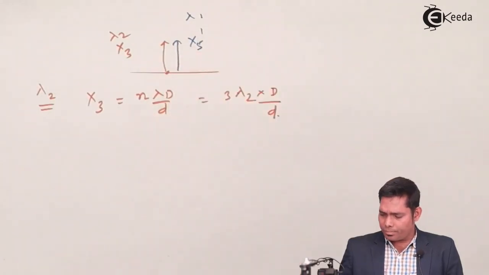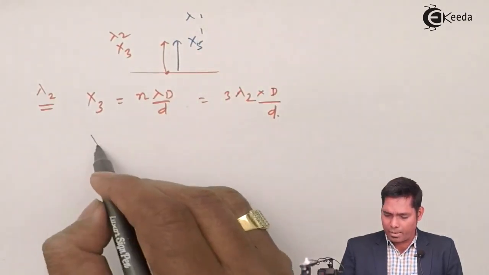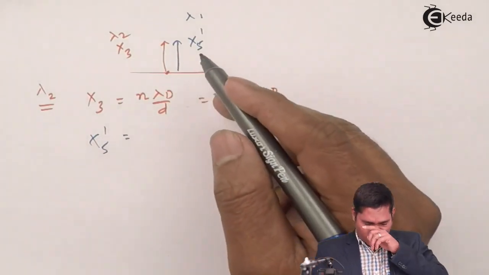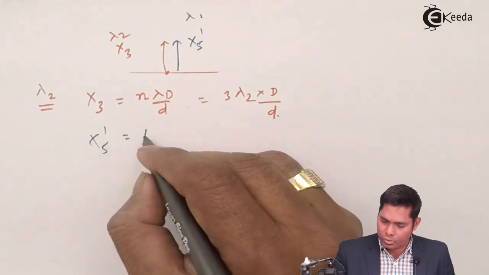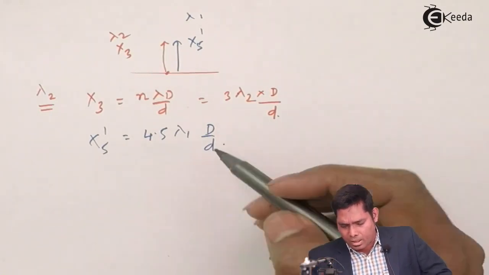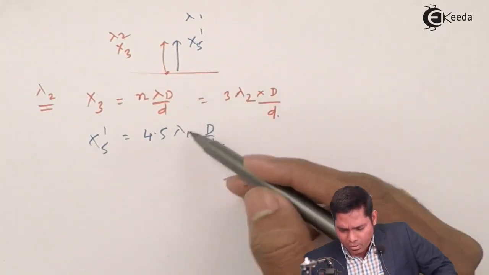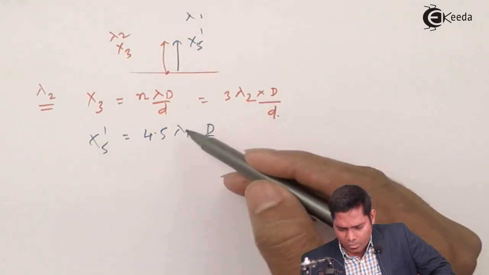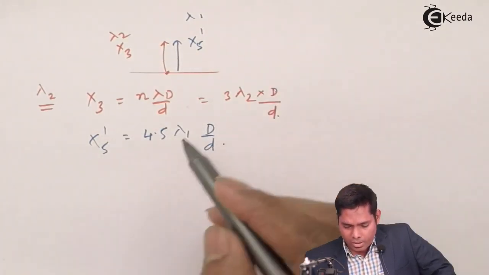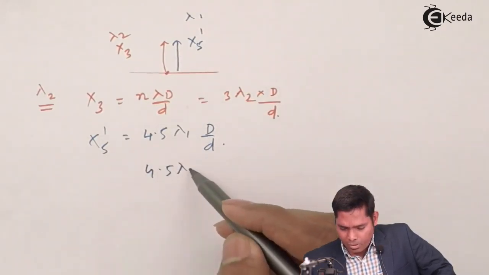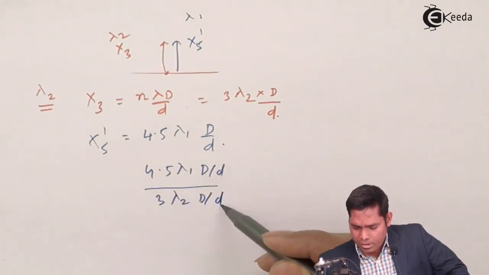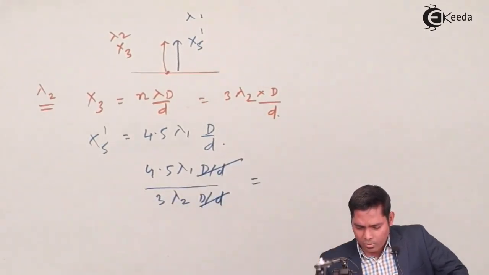Similarly for this one, x5 dash equals, because it is the fifth minimum, it is 4.5 lambda 1 D over d. We have to check whether they are equal. If they are equal, then the division will give you 1. So let us divide 4.5 lambda 1 D over d by 3 lambda 2 D over d. D over d cancels out.